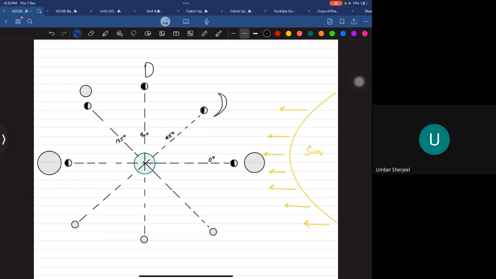Then you see a smaller moon again. Sorry, this is when it is 180 degrees. You can write the angle for this one. This is again 135 degrees. This is 90 degrees. This is 45. So at this point you see this because the moon is again lit but not as bright, because it's not at the 180 degrees.